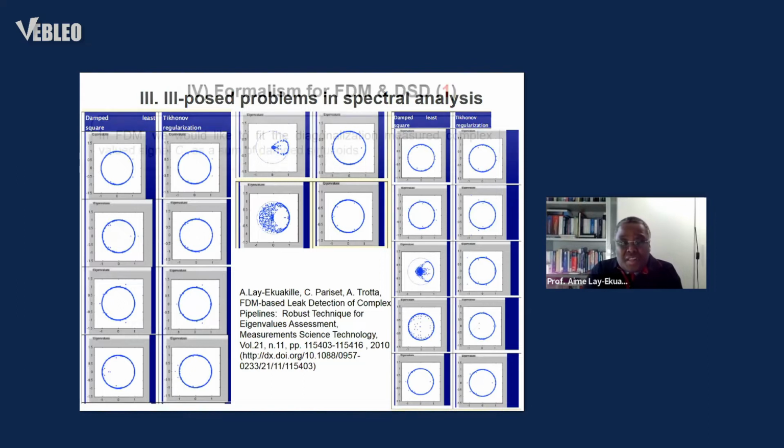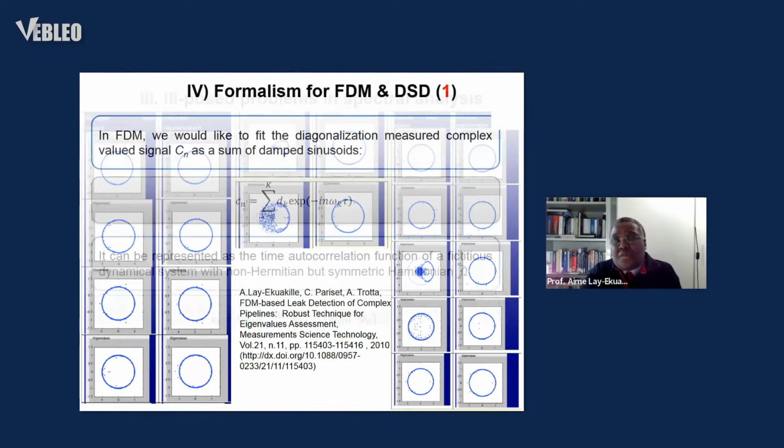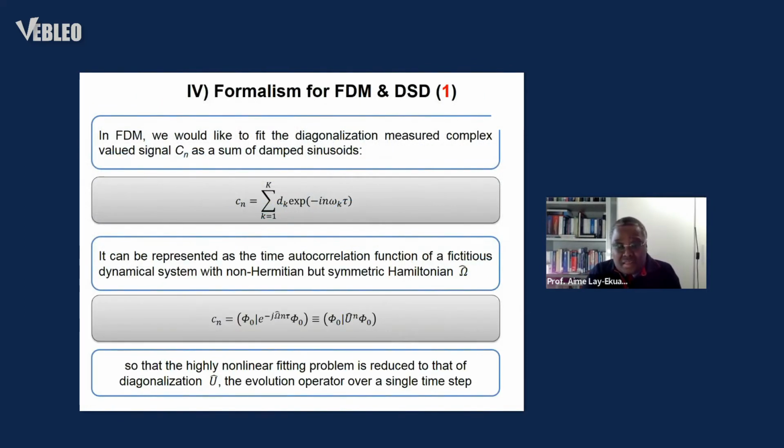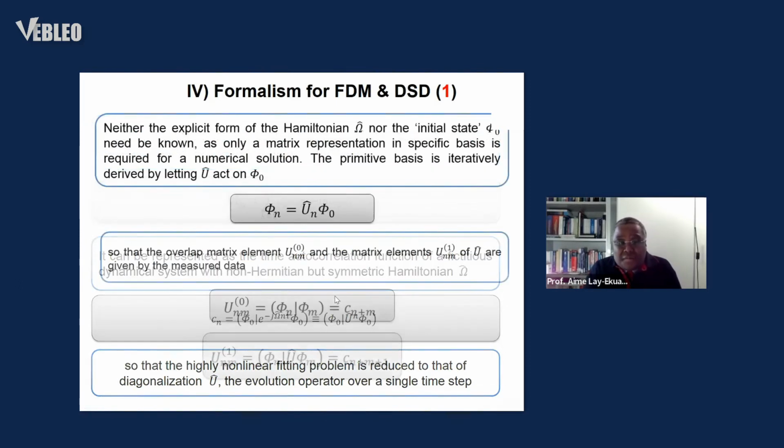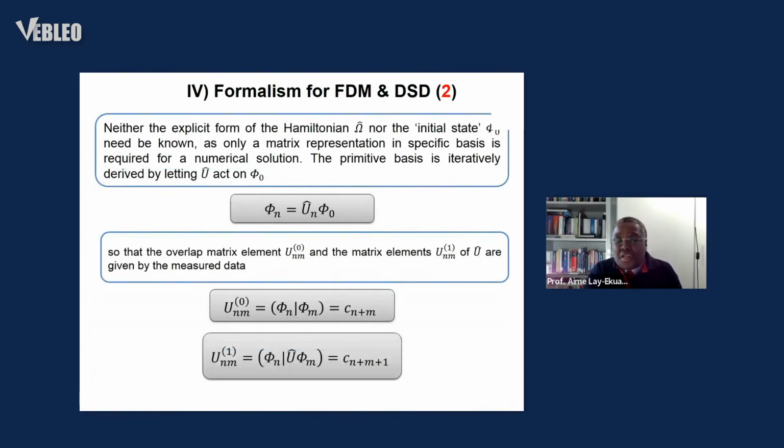So this is the formalism of FDM and DSD. Maybe it could be very heavy to understand. It illustrates how it is possible to write a specific algebra of this summation of damped sinusoids included in this signal to be converted into something very, very clear.